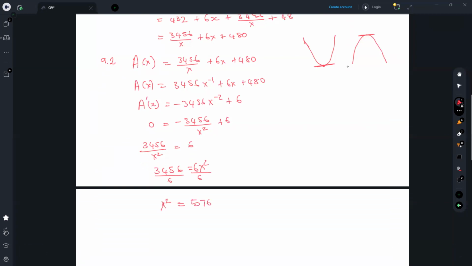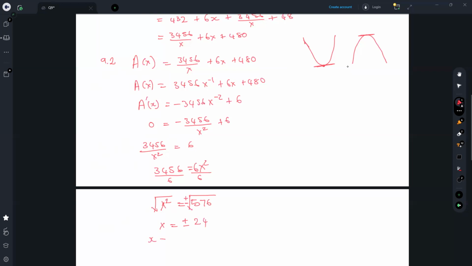576. Well, now I'm looking for the values of x. Okay, so we take the root of both sides. Now we know that quadratic equations should produce two values of x. Now in this case, we should have a plus minus situation like that. So we're going to have plus minus 24.